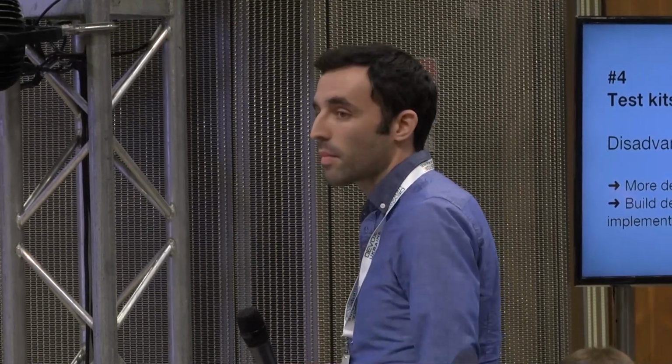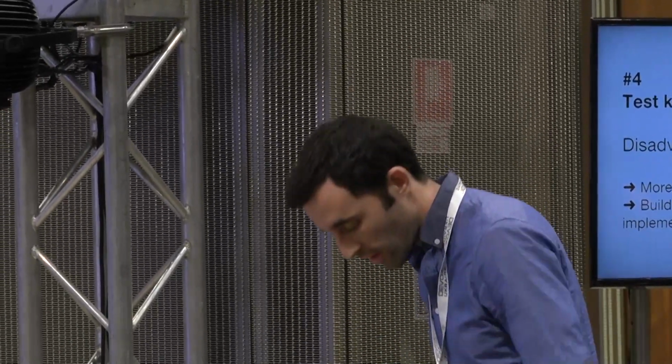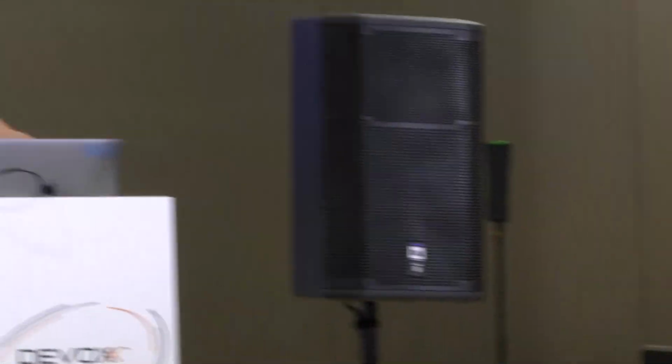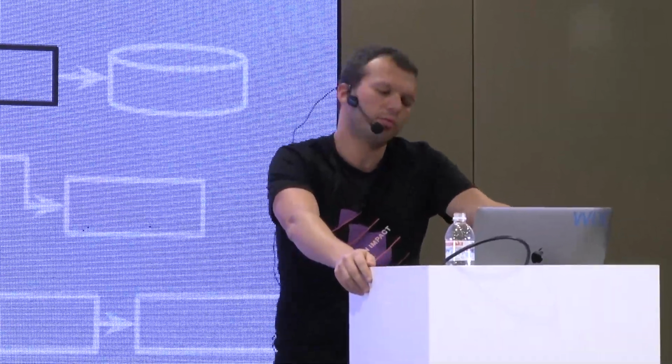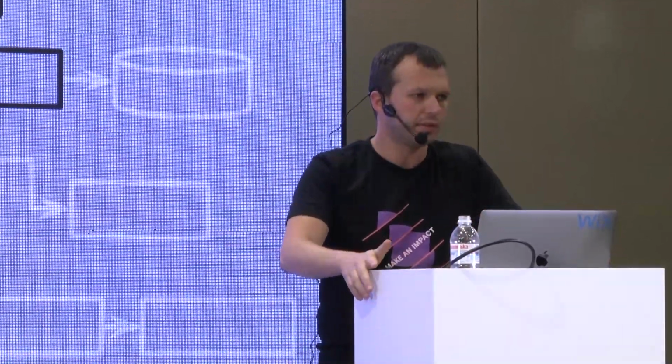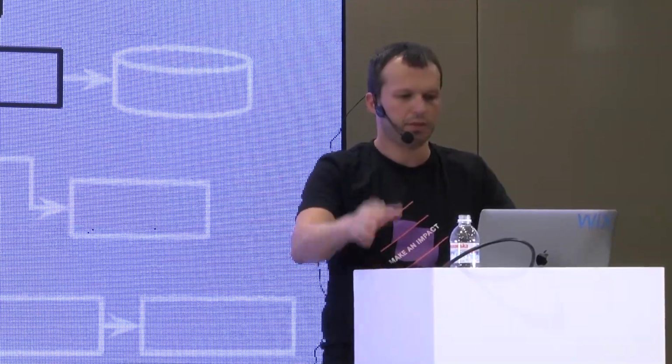I think it's similar to the other question. It really depends, and when we tried to do it, the problem is that you could get an infinite level of dependencies, which is usually unnecessary. If each test kit uses another test kit, we did it in a few places, and we found out that it adds a lot of complexity and is hard to maintain, because it can be a very long chain of test kits.